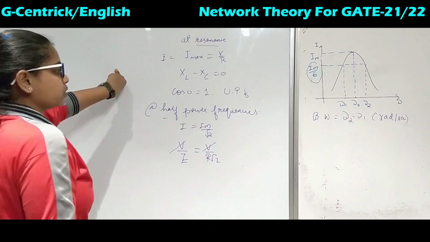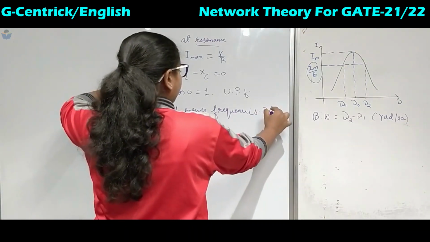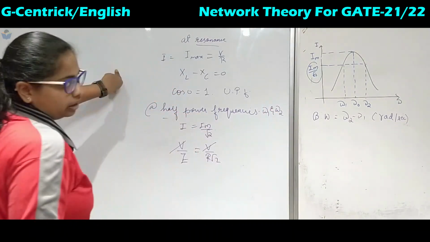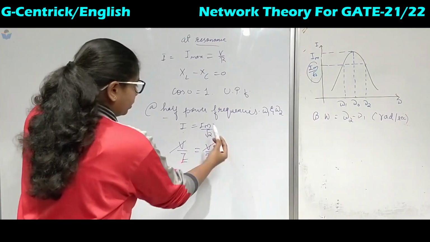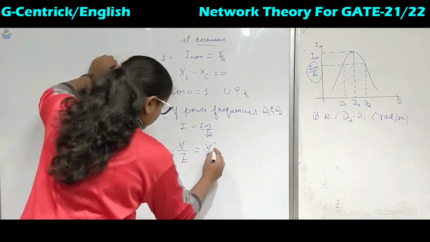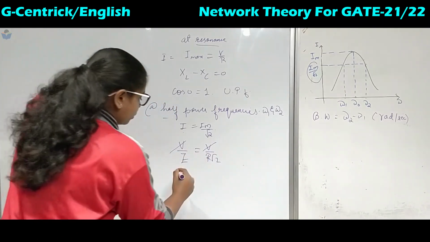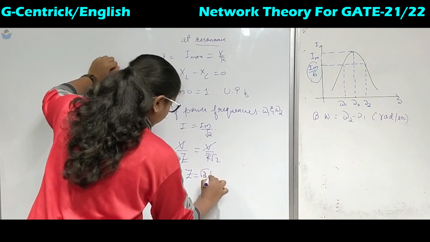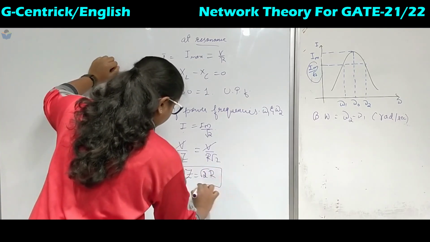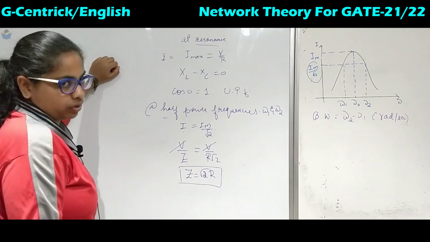Half power frequencies means omega 1 and omega 2. In general, V by Z, I will be equal to I max by root 2. So Z will be equal to root 2 times R. So this is one equation we got.